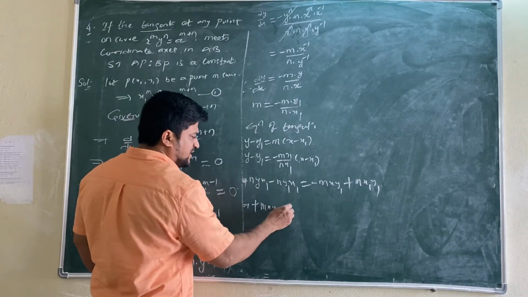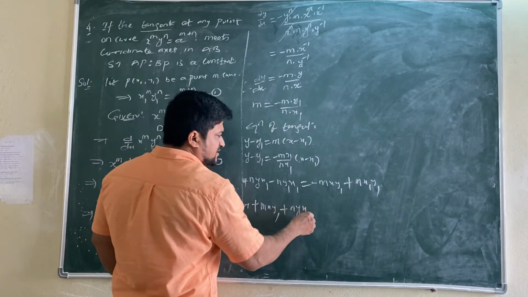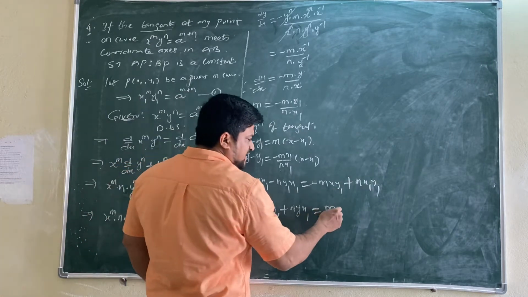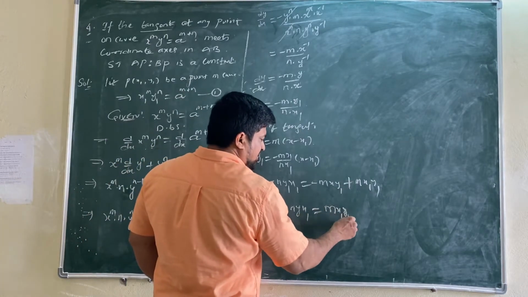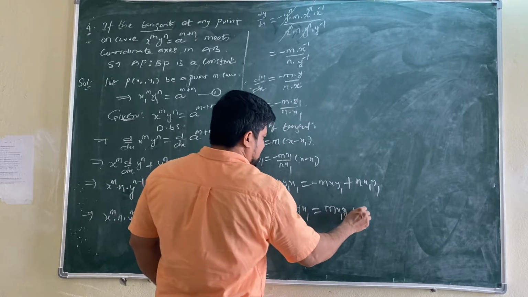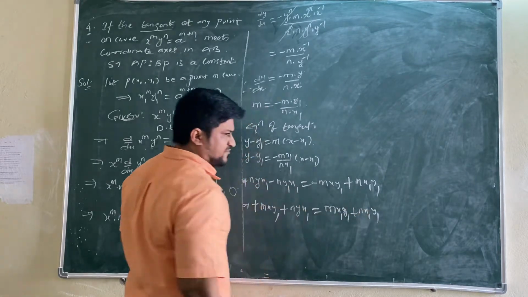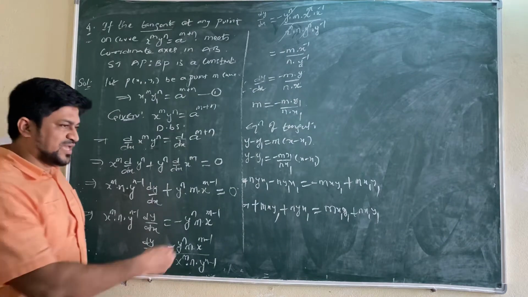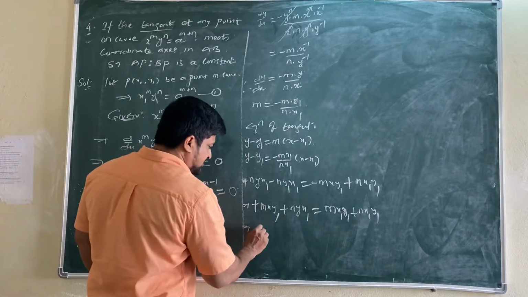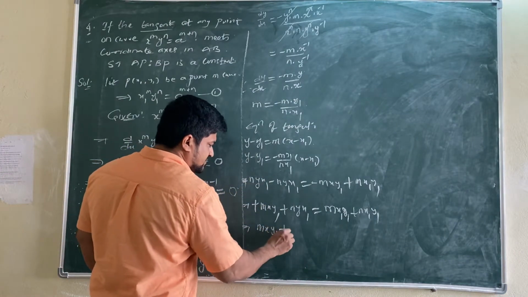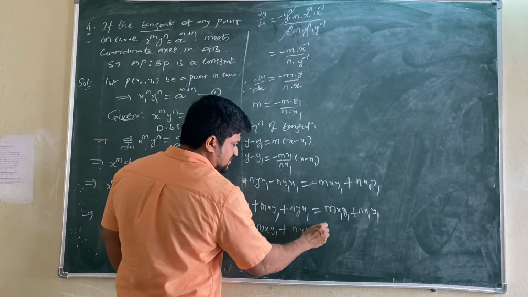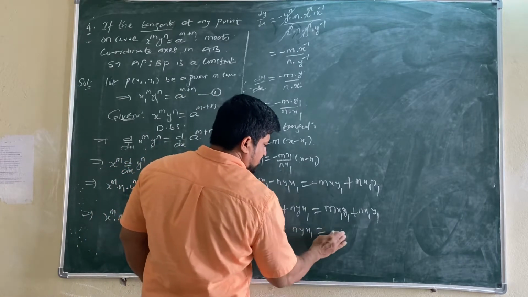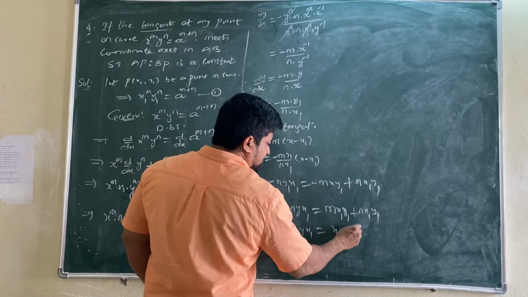Already this value is plus n x1 y equals what is given on the right side, m x1 y1 plus n x1 y1. Now we have x1 y1 common on the right side: x1 y1 (m plus n).